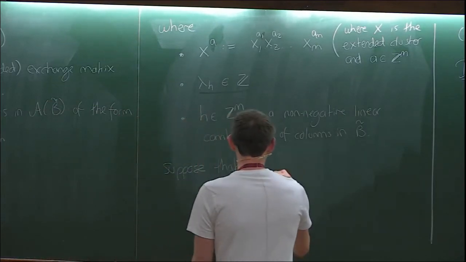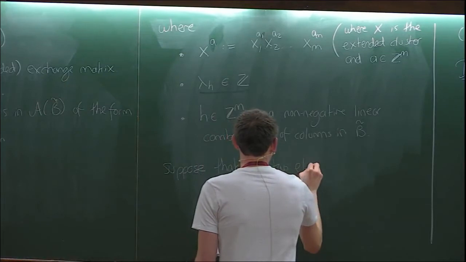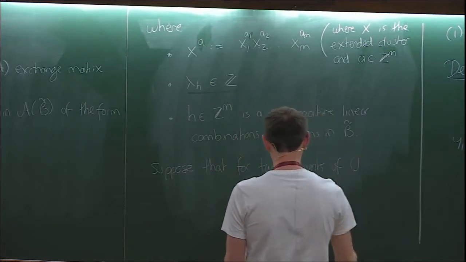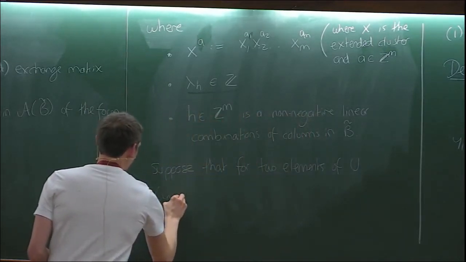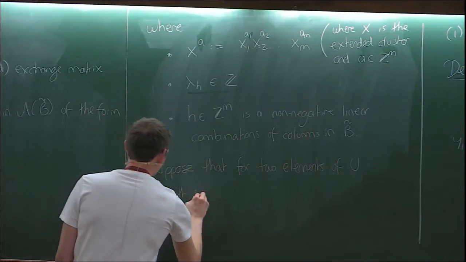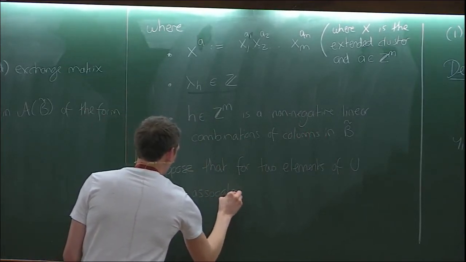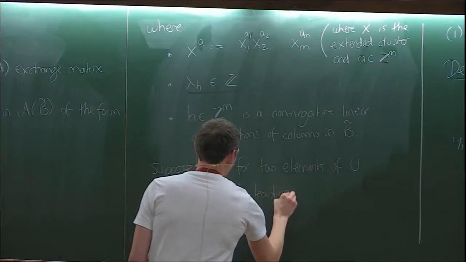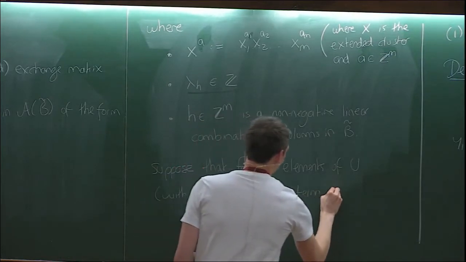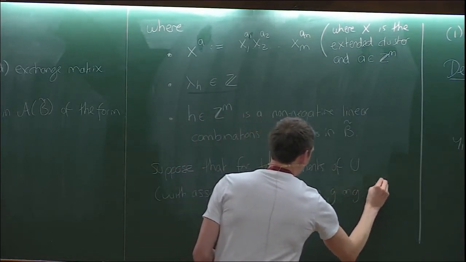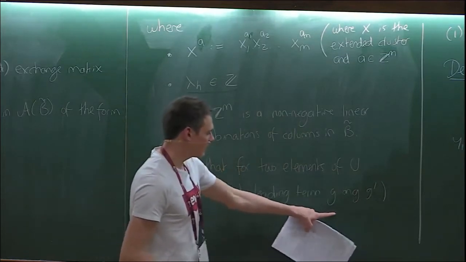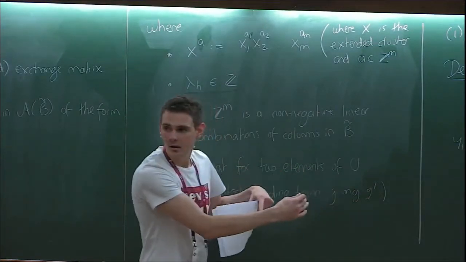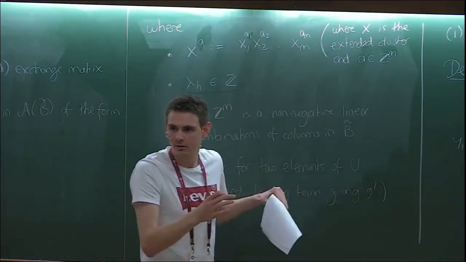So we suppose that for any two elements of this set U, with associated leading terms g and g prime, we have a certain distinctness, and the uniqueness is in terms of the first n of the exponents being different.